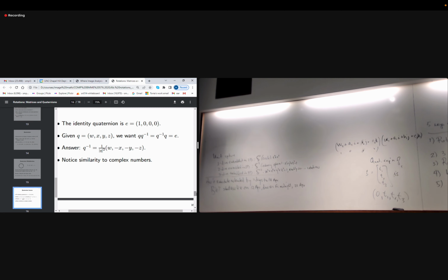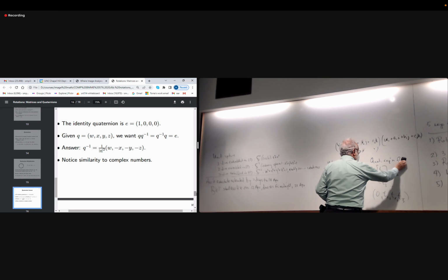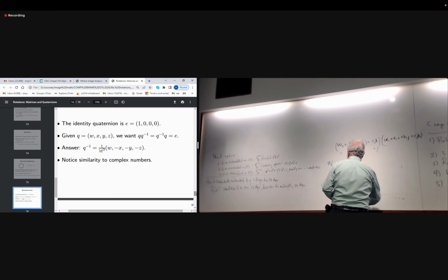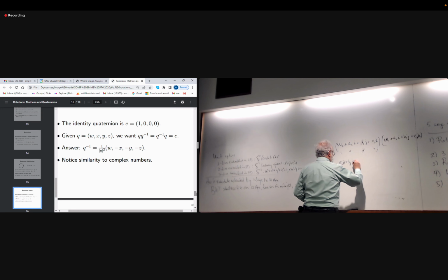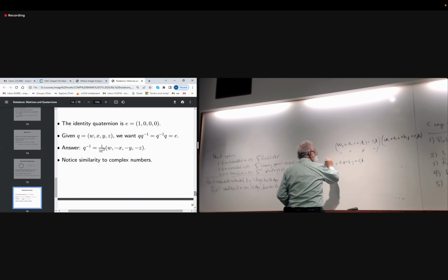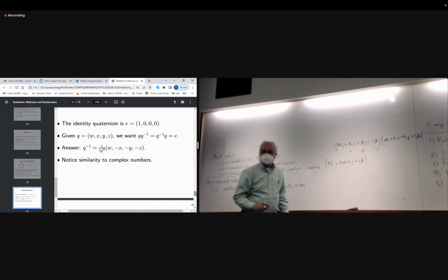So a non-unit quaternion is one where you don't have this constraint.